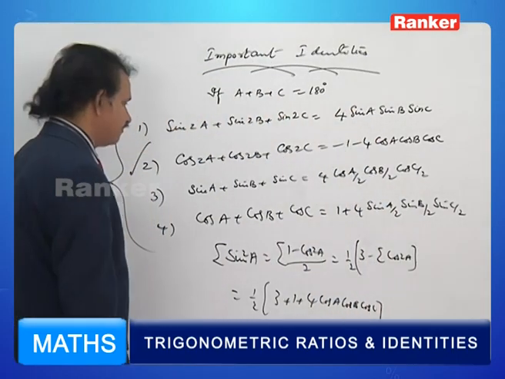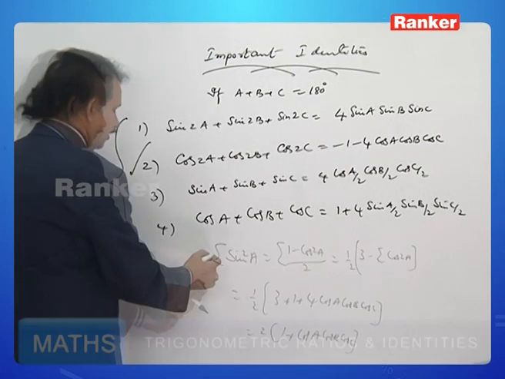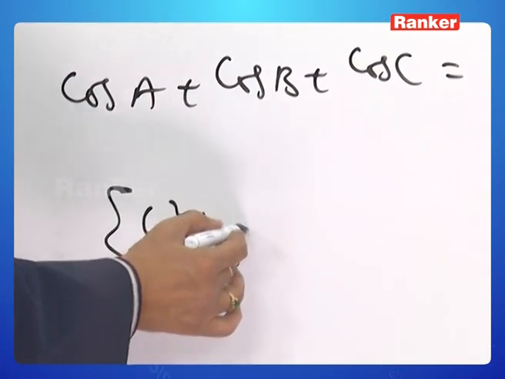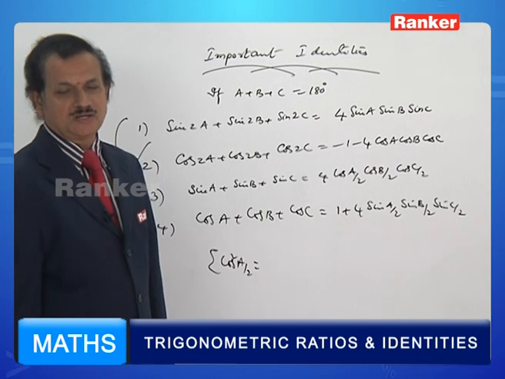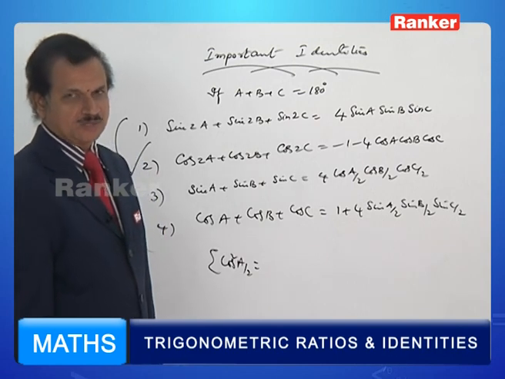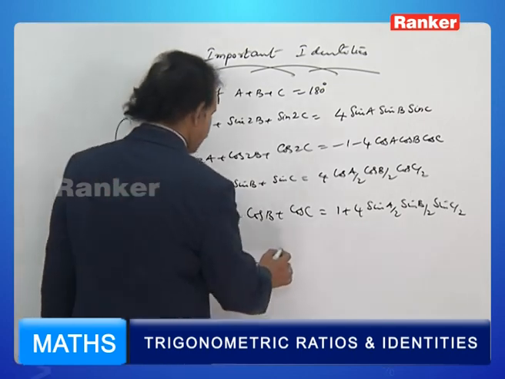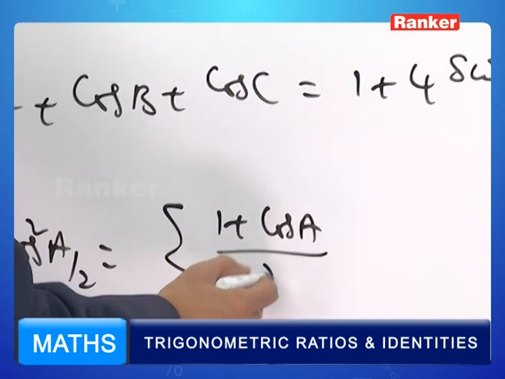Let us observe 2 more such results which are based on these. What is sigma cos square A by 2? What is the meaning of the question actually? Cos square A by 2 plus cos square B by 2 plus cos square C by 2. Instead of cos square A by 2, I would like to write (1 plus cos A) by 2.